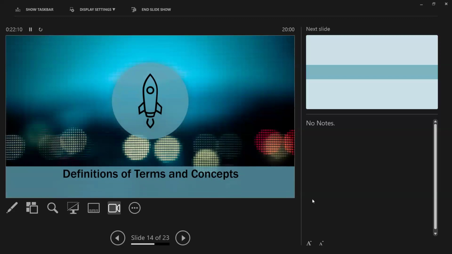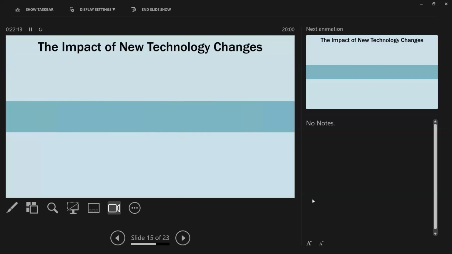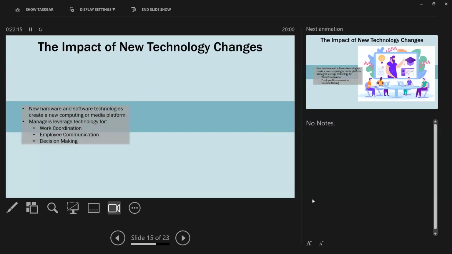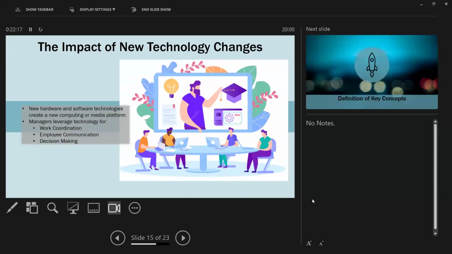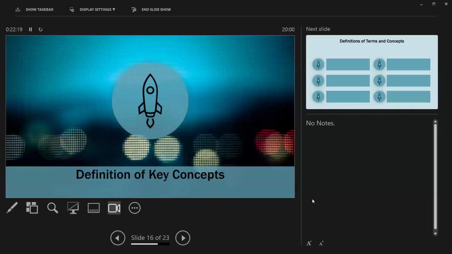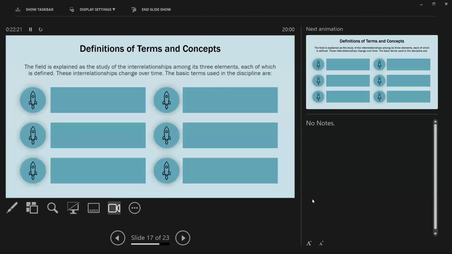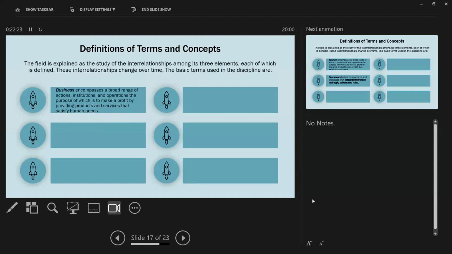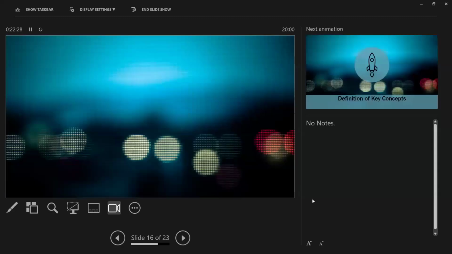So now let's look at definitions of terms and conditions. Oh, okay. So I mixed up my slides, right? Okay. All right. So let's see here.